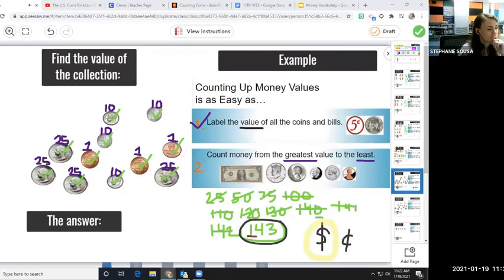So I'm going to use the decimal point to represent $1. I can record this as saying I have $1, place my decimal, and 43 cents. I know I need to use the dollar symbol to represent I have a value greater than 100 cents.